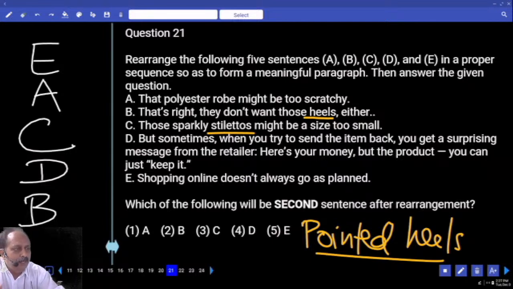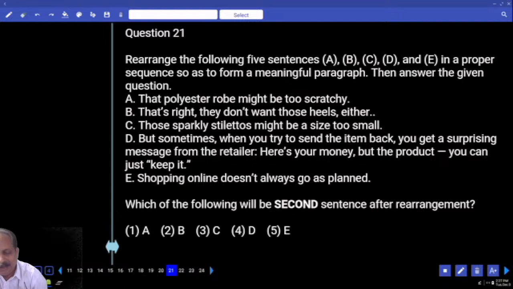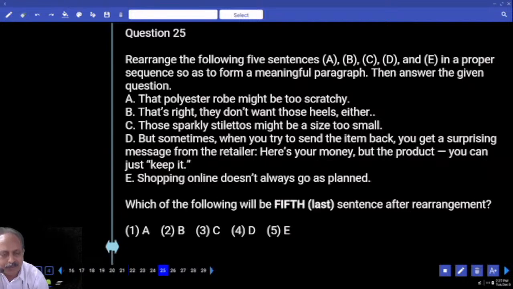Or you thought B, D? Okay. No issues. In my opinion, you have to spend some time, think seriously, and understand the context. That is very important. Shall I go to the next set of questions?